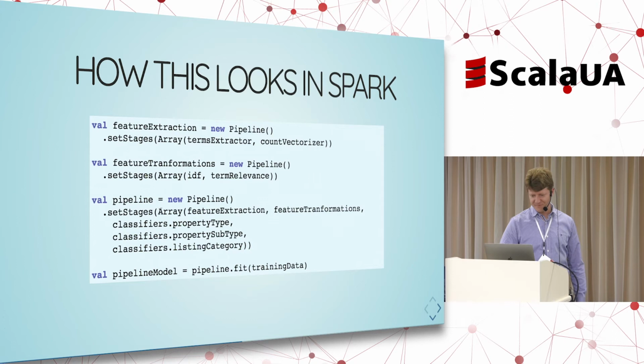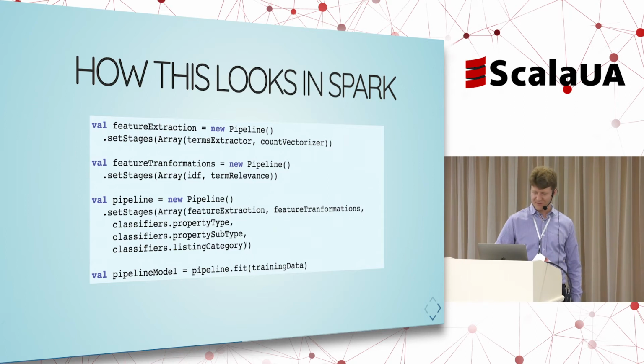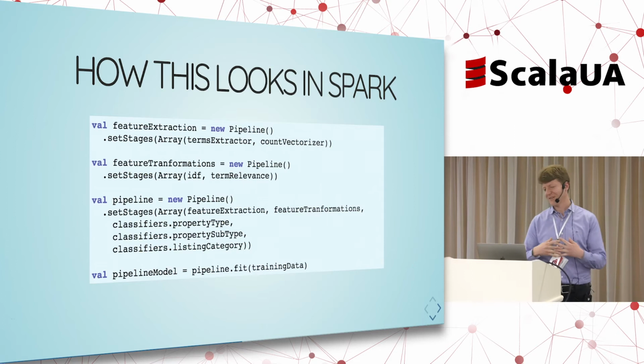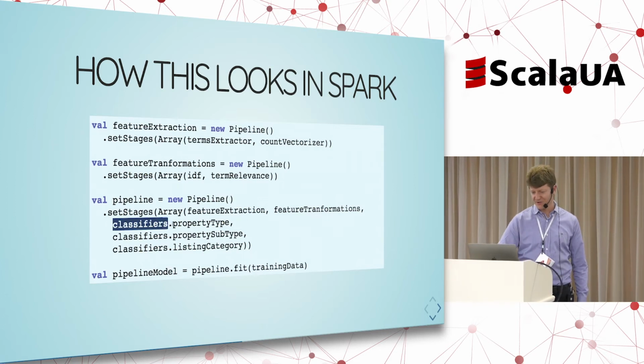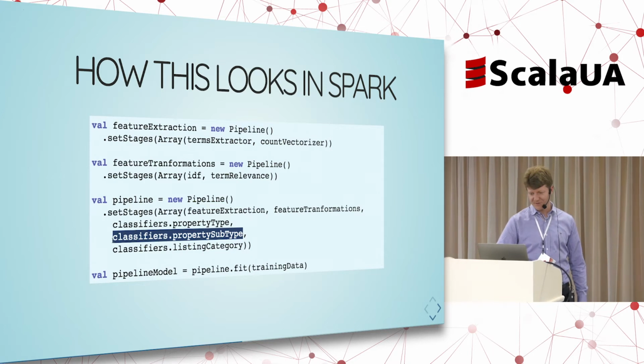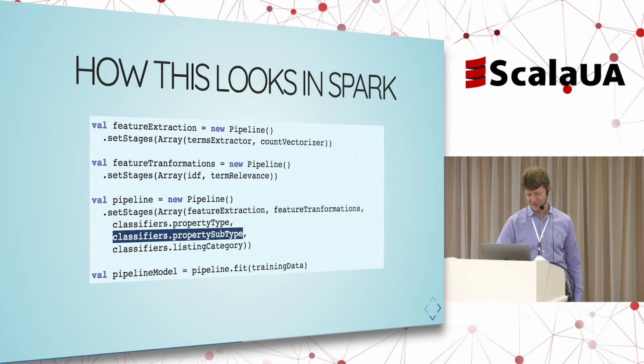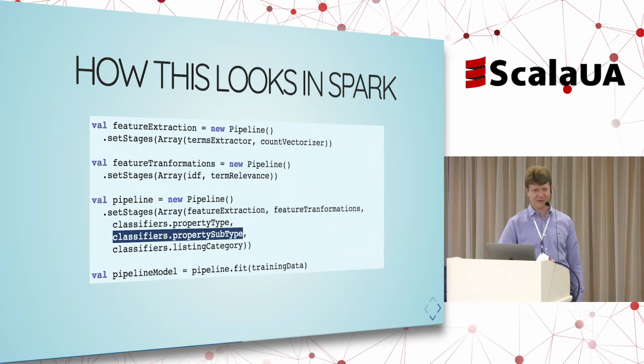Yes, and as soon as you have these transformations together, you can then construct your full classification pipeline by just plugging this all together. So you take the feature extraction, then you add the feature transformations, and then of course this all wouldn't make much sense if you didn't also add the actual classifiers for the different axes, for the property type, for the property subtype, and then for the listing category.